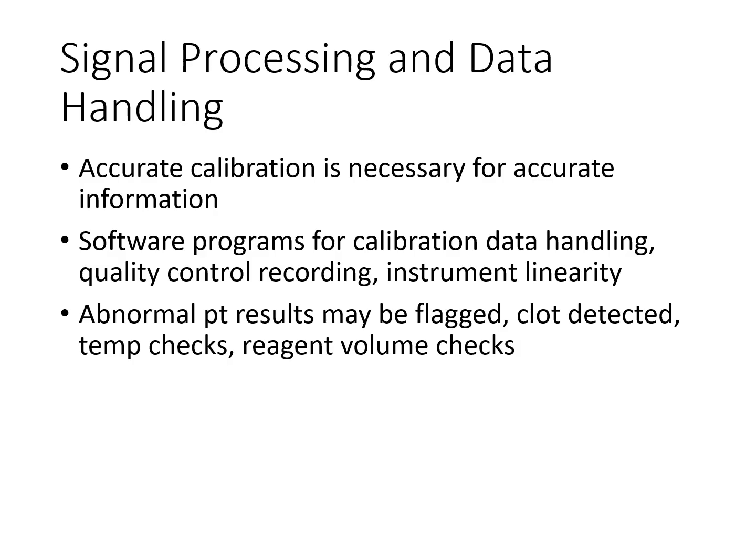There are also abnormal patient results in your LIS, or lab information system, or even on your instrument. Sometimes your patient results can be flagged if they're abnormal, if it found a clot, if the temperature isn't checking out, and for reagent volume checks as well. It can tell you, hey, we're running low. That's when you know to put new stuff on.